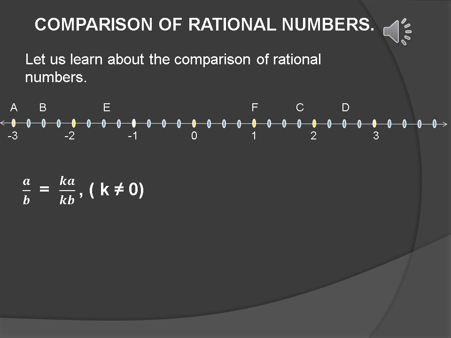It remains the same. That is, a by b is equal to k multiplied by a and k multiplied by b, where k is not equal to 0. Now let us see a few examples of comparison of rational numbers.